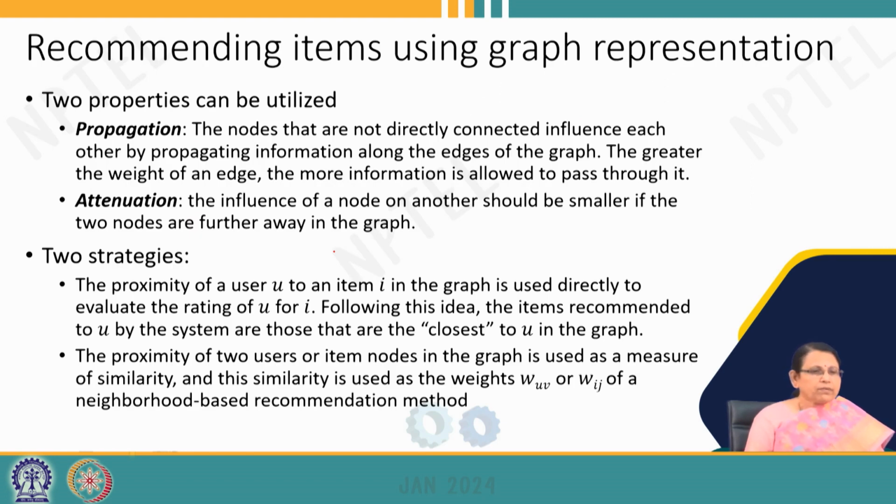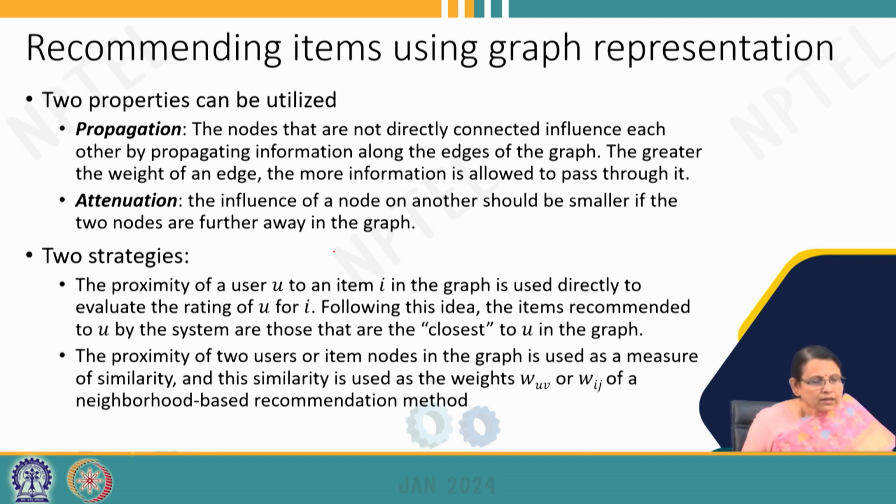So, when we recommend items using this graph representation, we utilize two properties: propagation and attenuation. The nodes that are not directly connected cannot directly influence each other.